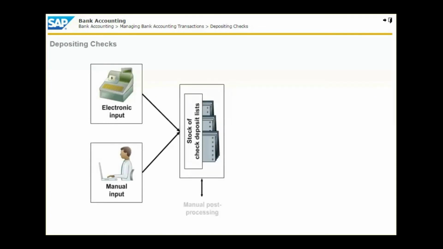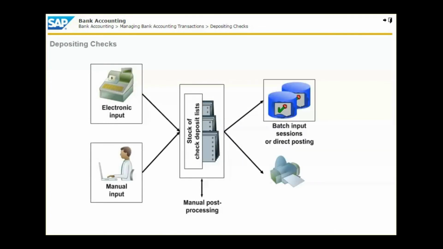Illustrated in the figure, the process for depositing checks is as follows. Scan incoming check. The incoming checks can be processed manually or with a check scanner. Display list of checks. After all checks have been entered, a list of checks to be deposited is available in the system and can be corrected if necessary. Print list of checks.